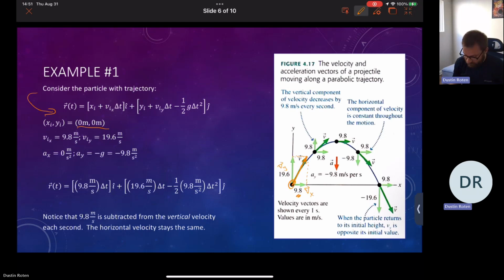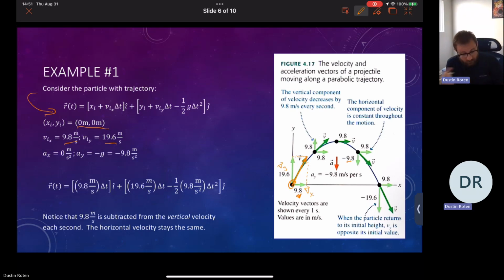So the fact that there's a 9.8 here and acceleration is negative 9.8 in this problem is just a coincidence, so don't be looking for a connection there. But since we can break down the initial velocity vector, we can write down its components. In the x direction it's positive 9.8 meters per second. In the y direction, or the vertical, it's 19.6 meters per second.